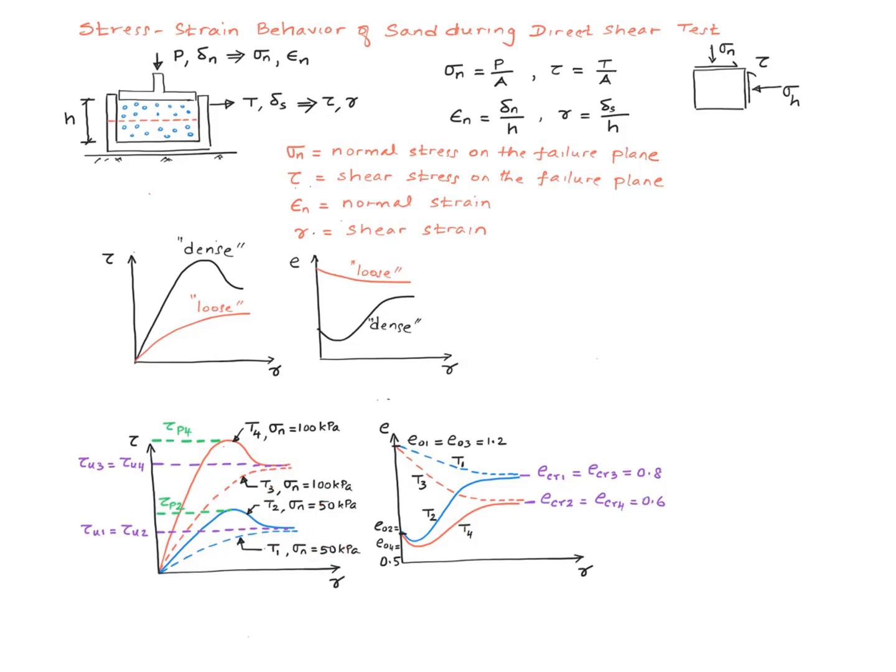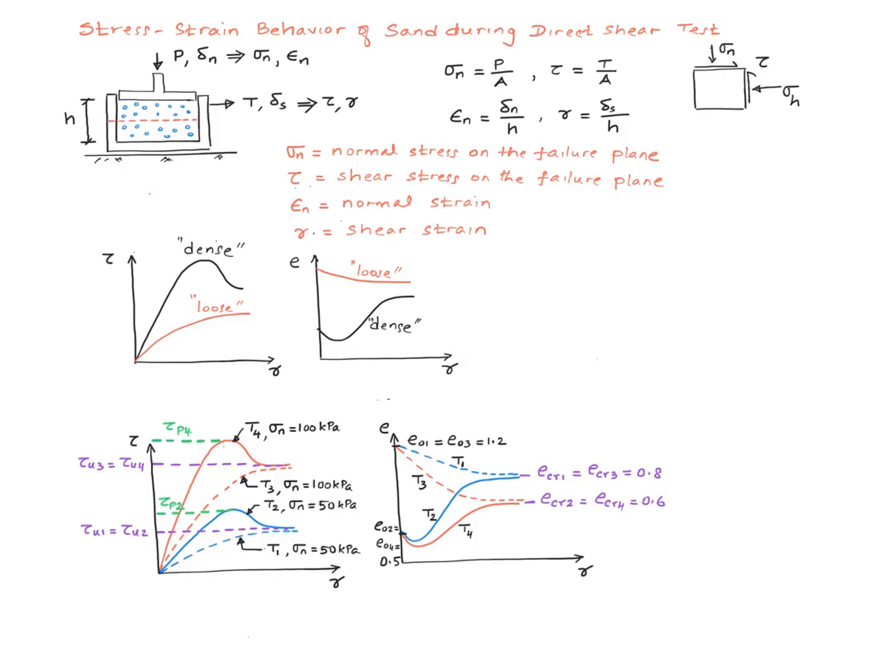Test 3 and 4 are conducted with a normal stress of 100 kilopascal. The initial void ratio of the specimens used in test 1 and 3 is 1.2, whereas the initial void ratio of the specimens used in test 2 and 4 is 0.5.